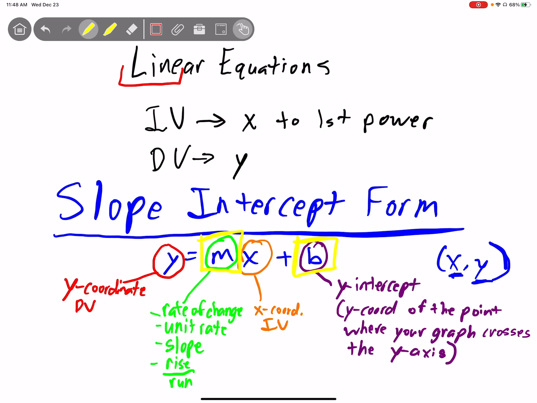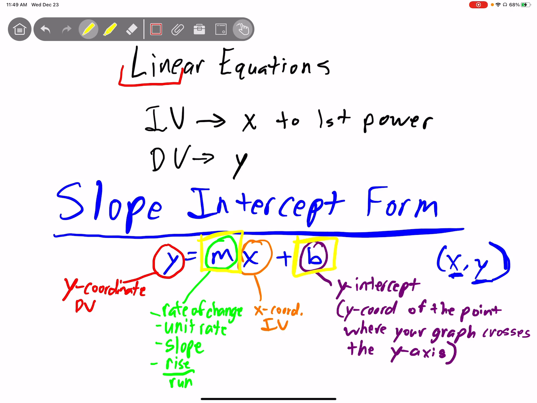These are the only two variables that, when you write the general form of your linear equation, are going to have numerical values. So m and b. Remember, m is your rate of change. It's considered the unit rate or the slope or the rise over the run. Later on, as we're talking about rise over run, I will explain to you why it's called rise over run. And then b is the y-intercept. In other words, it's the y-coordinate of the point where your graph crosses the y-axis.